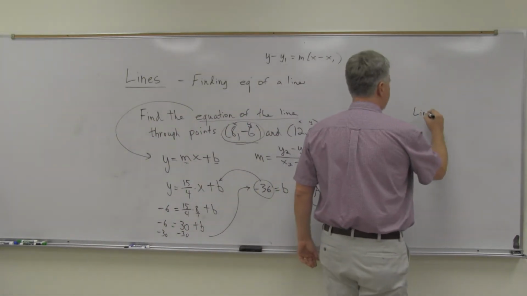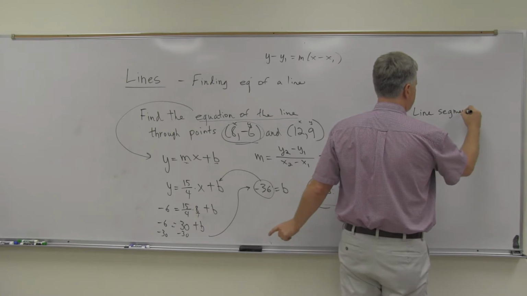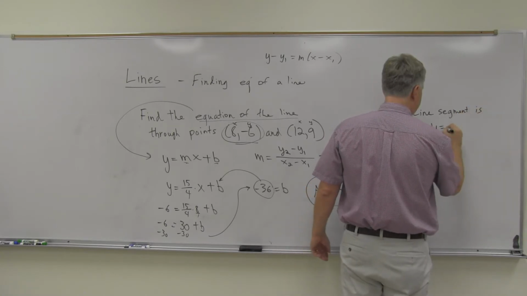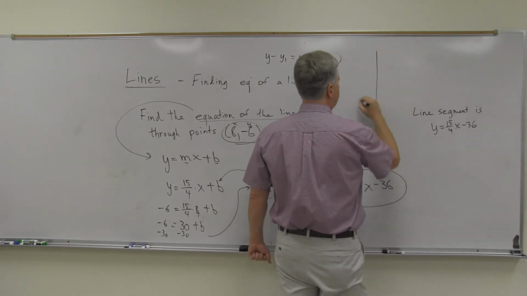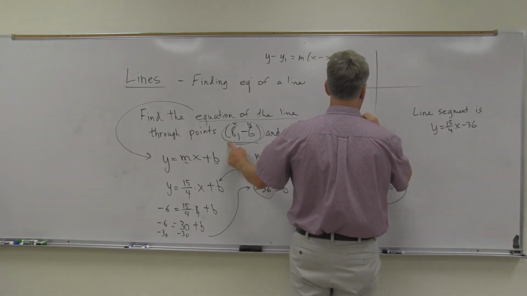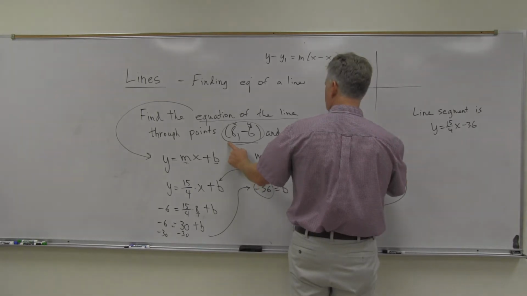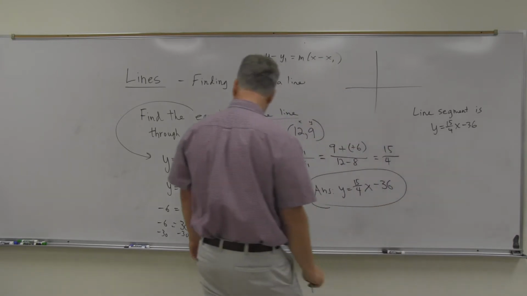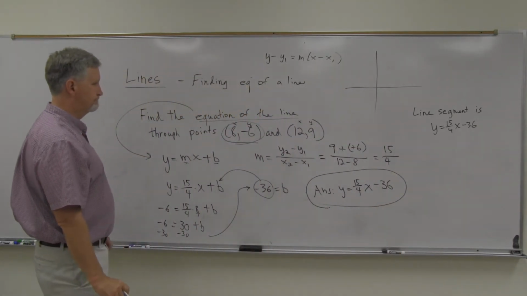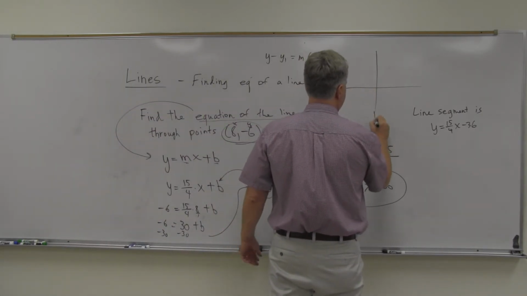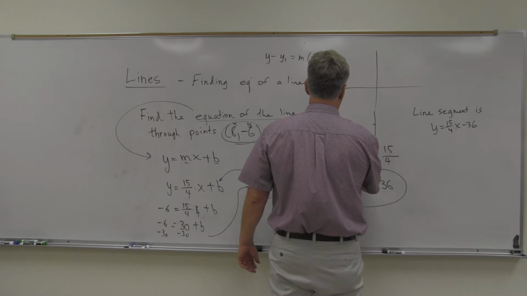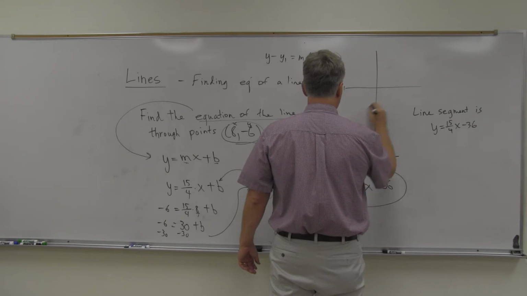And so the line segment through those points is y equals 15/4 x minus 36, which is whatever it looks like, (8, -6), (12, 9). Let's see. Eight, negative 6. 12, 9.